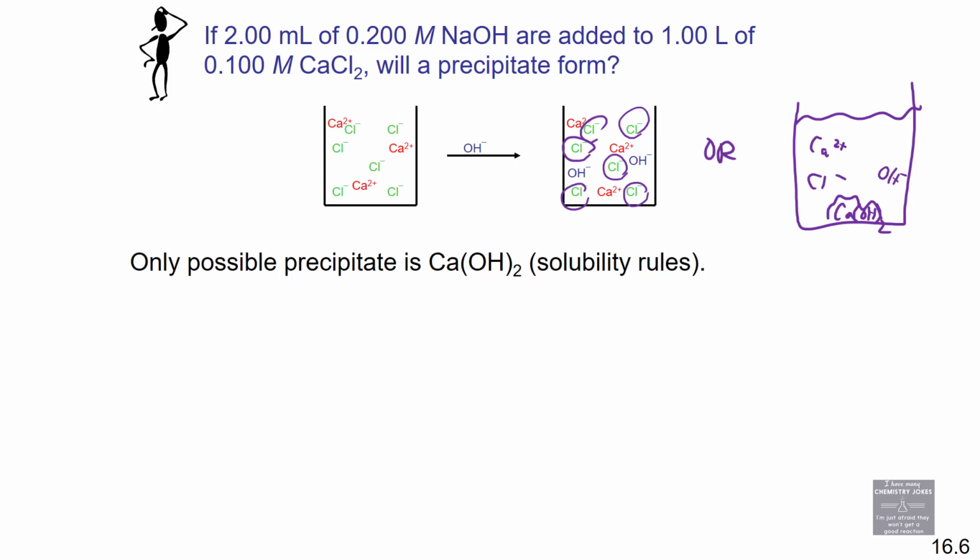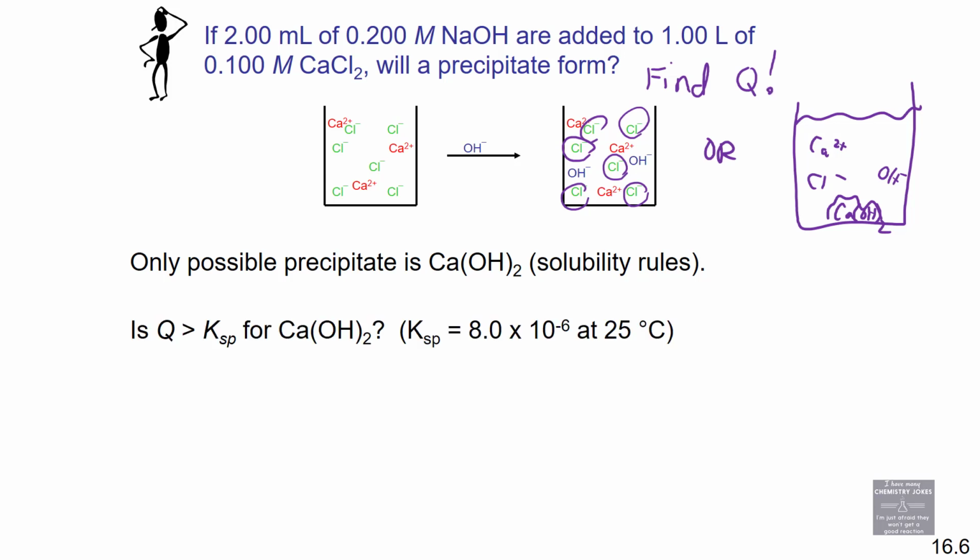So when we're asked, will a precipitate form? That means find Q. Because if Q is greater than K, we will have a precipitate. So find Q. In order to find Q, we need to know the equation that's under consideration. That means we need to know the KSP equation for solid calcium hydroxide.